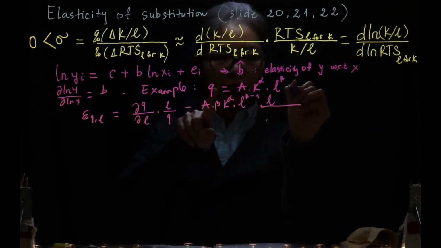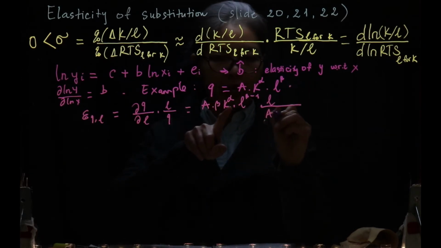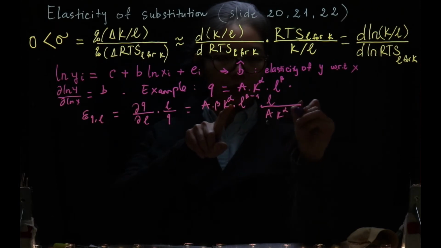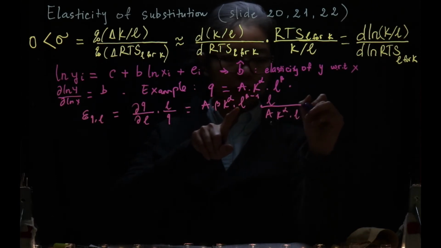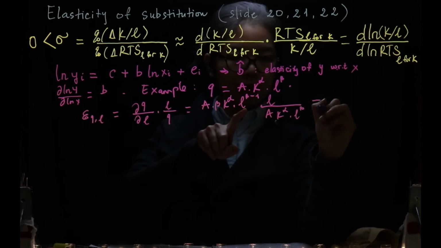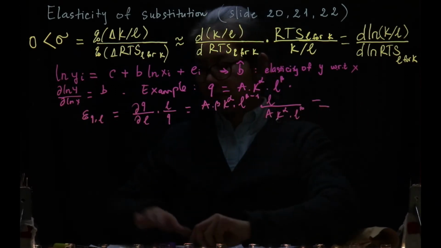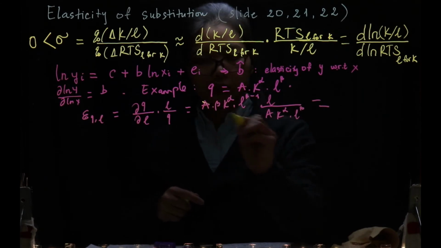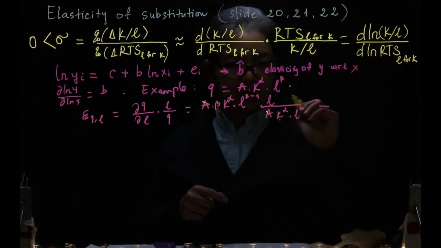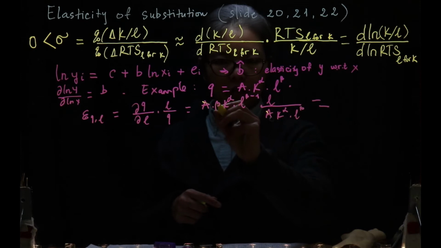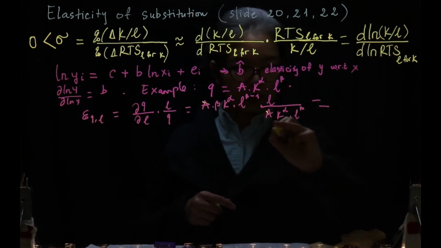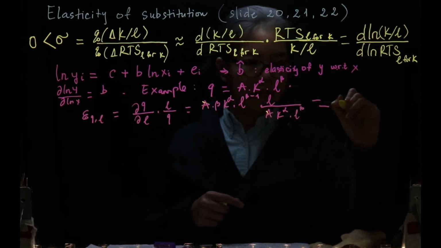So let's plug Q in here: A times K to the power alpha times L to the power beta. Now let's simplify it. We have A in the numerator and A in the denominator, so it's gone. You have beta here but nothing in the denominator, so it should be beta.